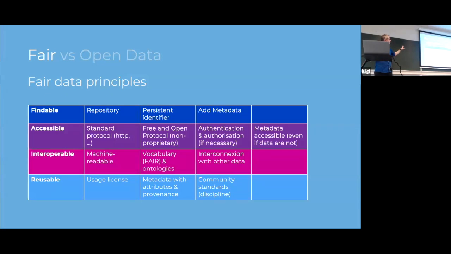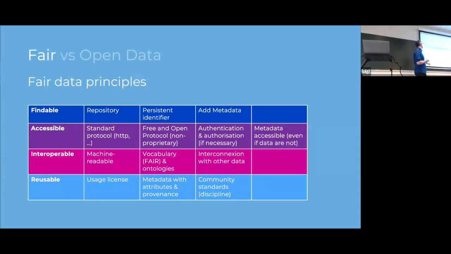There is a résumé of the different IDs. Findable: it will be pushed in a repository, I will give you some examples, with a persistent identifier. That means when you share the data, you should always cite the data, and you will have some metadata to understand the data. Accessible: it's a standard protocol. Interoperable: there is some vocabulary to describe data, there is connection with other data, and it's machine readable, so you can access and read the data easily with some common software.